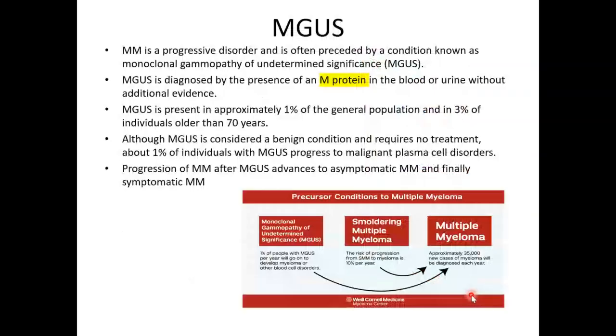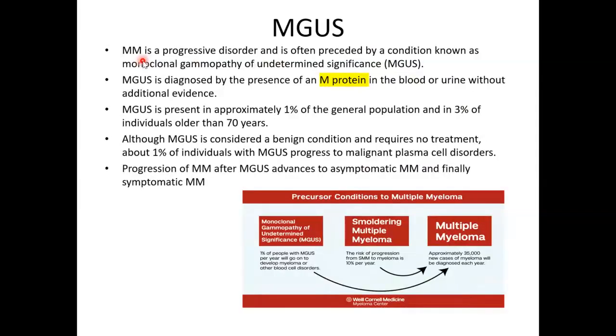Multiple myeloma is a progressive disorder and is often preceded by a condition known as monoclonal gammopathy of undetermined significance. That's why I have a slide on this. I want you to at least know what it is when you hear it.